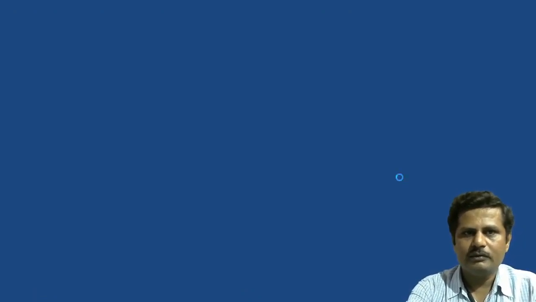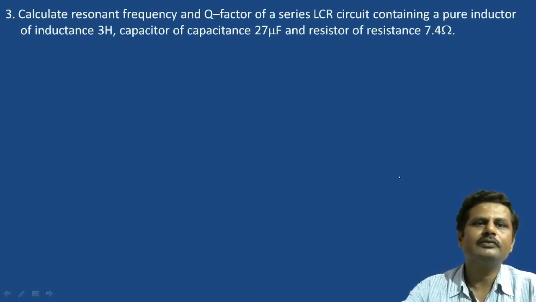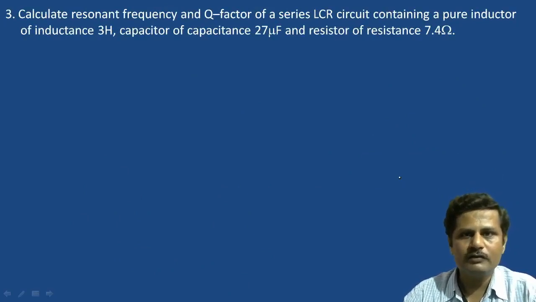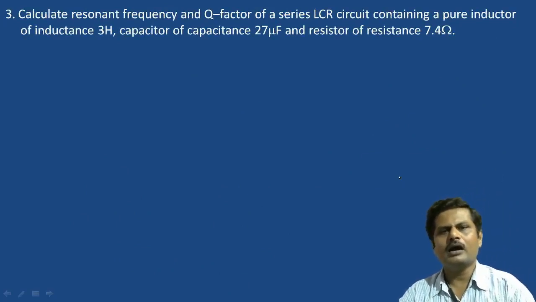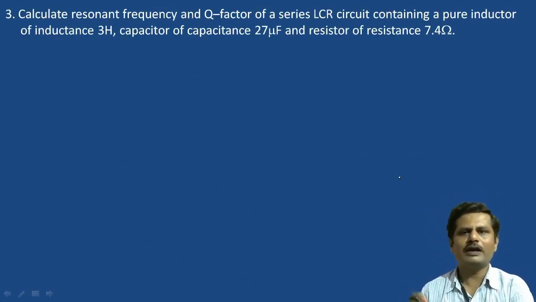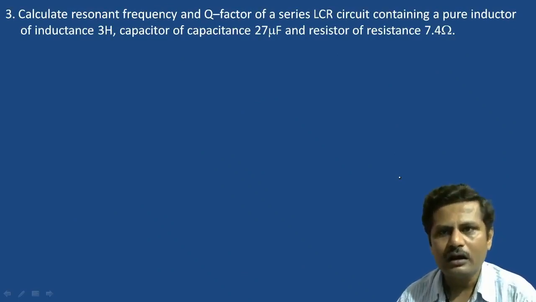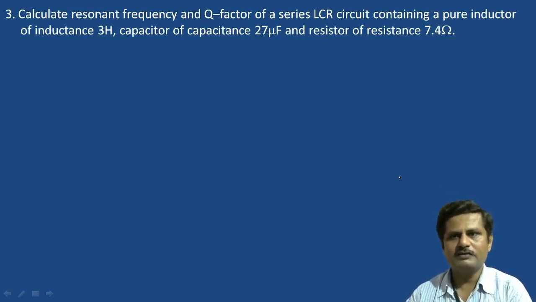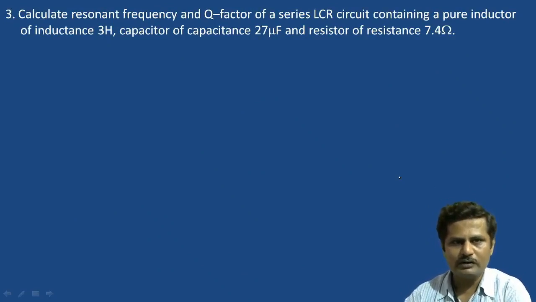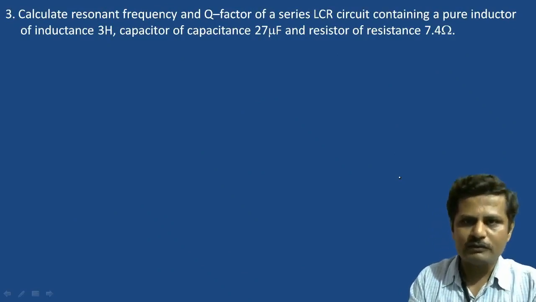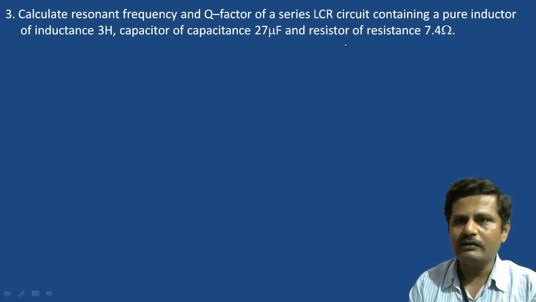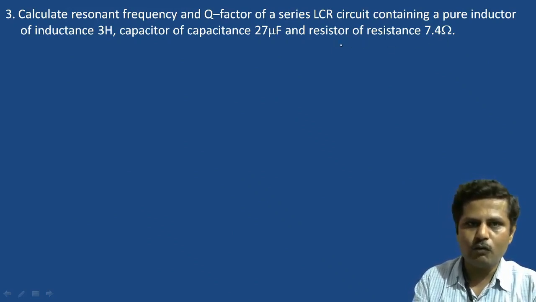Let's have the next one, that is, calculate the resonant frequency and Q factor of a series LCR circuit containing a pure inductor of inductance 3 Henry, a capacitor of capacitance 27 microfarad, and a resistor of resistance 7.4 ohm.